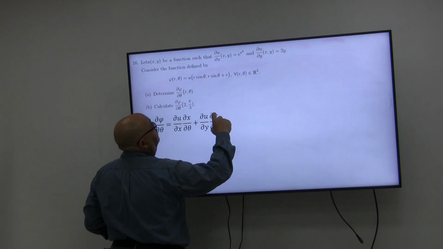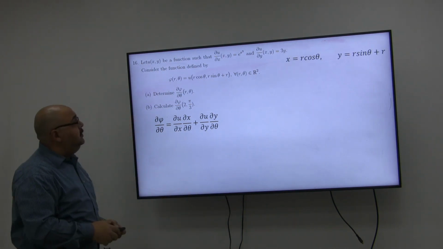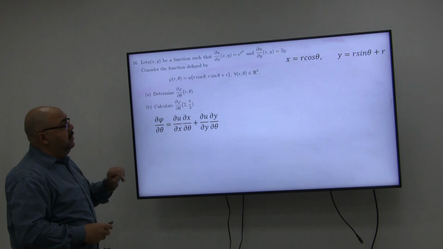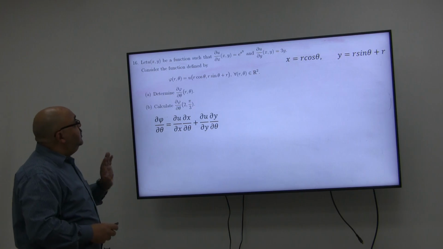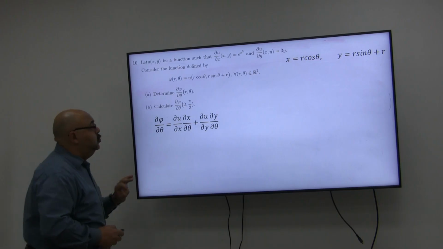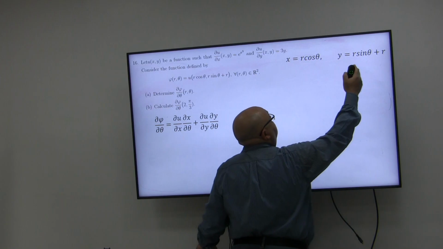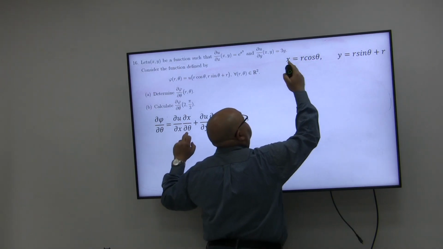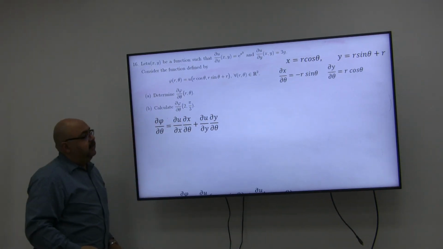Partial y, partial theta, I will grab from its components. Here we go. Here x is equal to r cosine theta, and y is equal to r sine theta plus r. All I'm doing at the moment is finding partial y, partial theta, which is going to be r cosine theta, then partial x, partial theta, which is going to be negative r sine theta. Those are my derivatives.